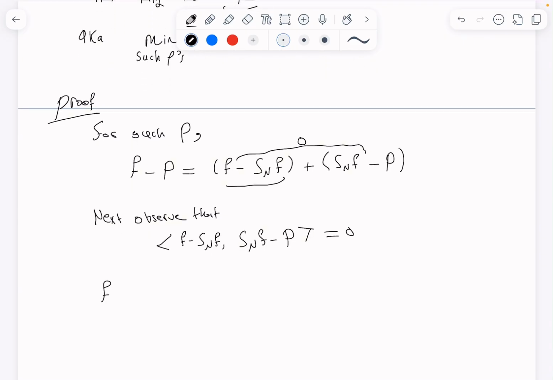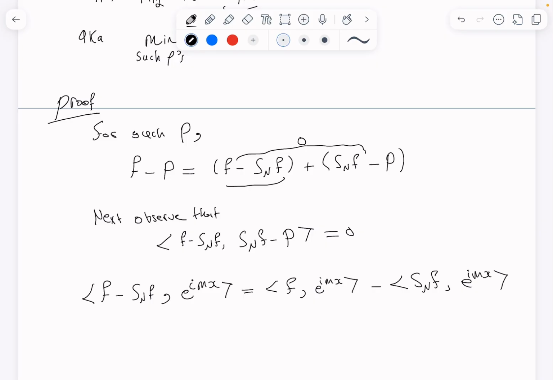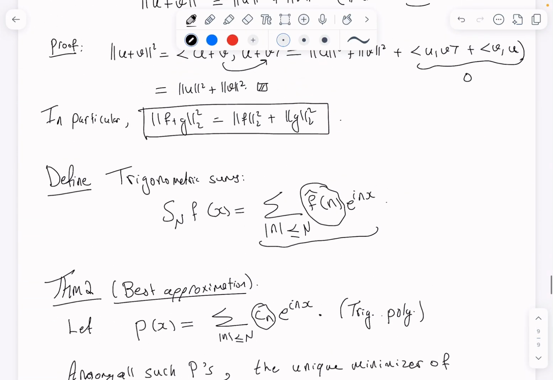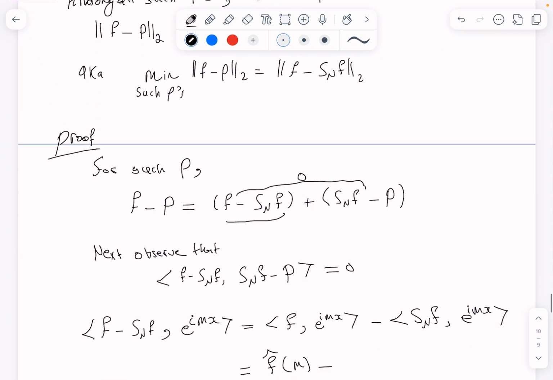If I take f minus S_n f and take the inner product with e to the i m x, say, then by definition this is the inner product of f with e to the i m x minus the inner product of S_n f with e to the i m x. And the first one is by definition the Fourier coefficient f hat at m, and for the second one, by definition of S_n, we can pass the inner product to each and every term, since the inner product of a finite sum is the sum of inner products.